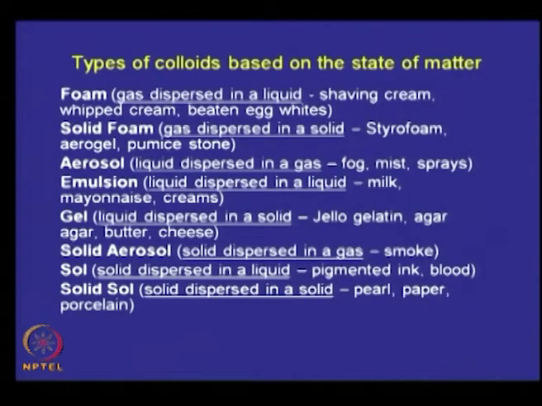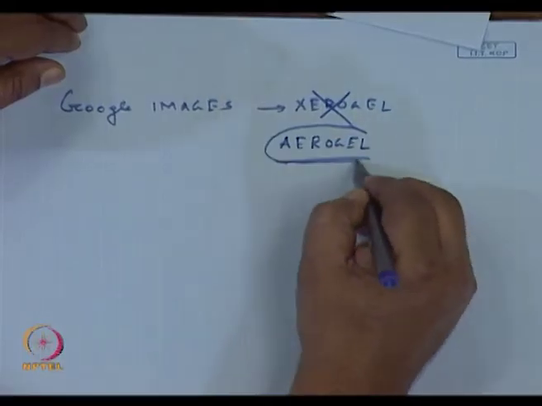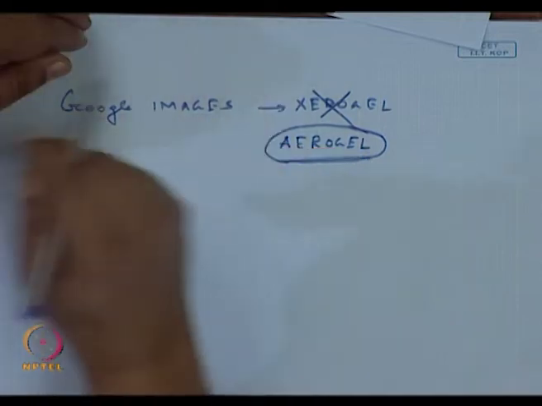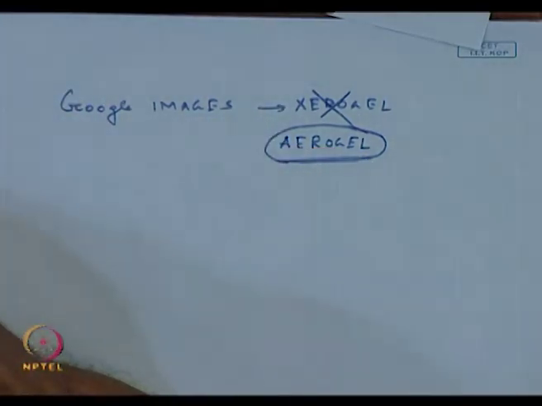Today, aerogel technology is a huge technology. Why? It is a gas dispersed in a solid. The picture I had shown of a gas burner heating a plate on top of which a rose is there.